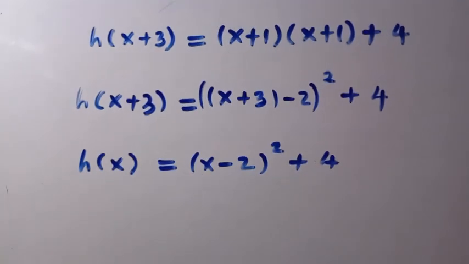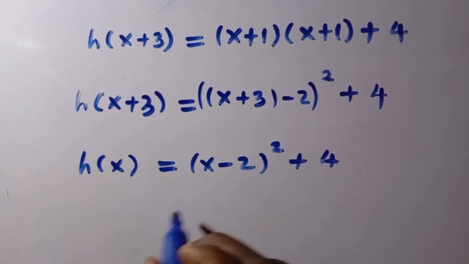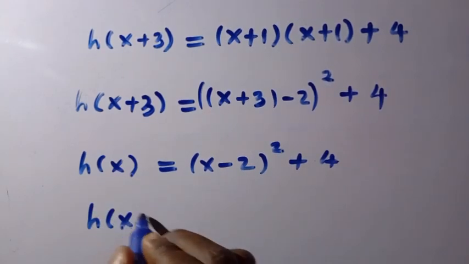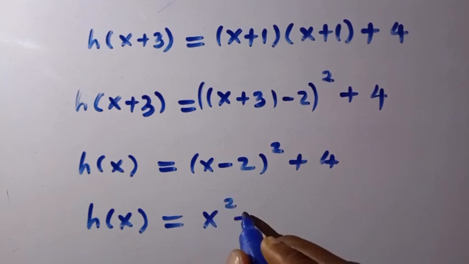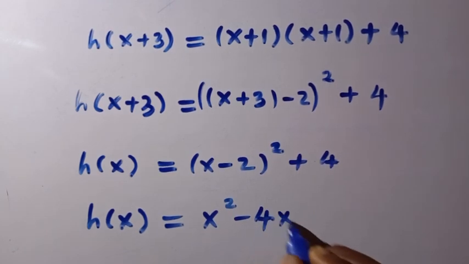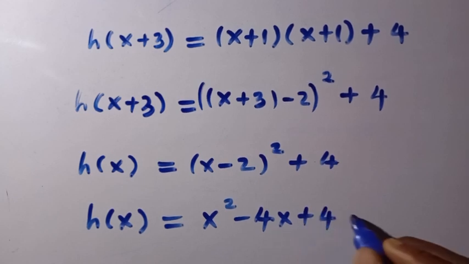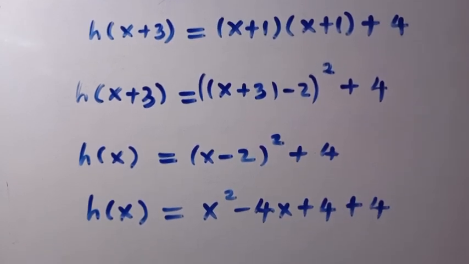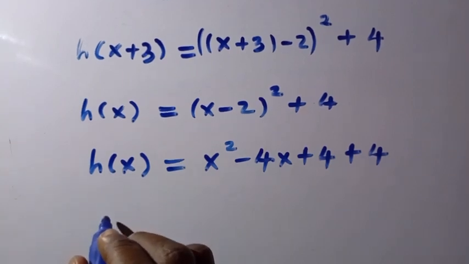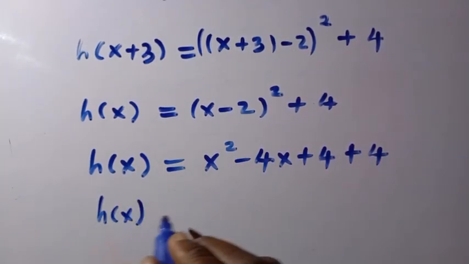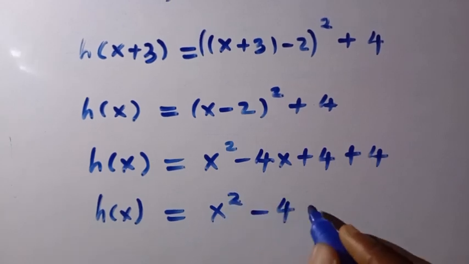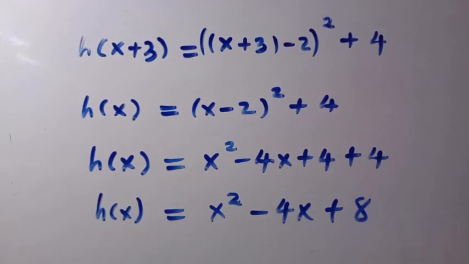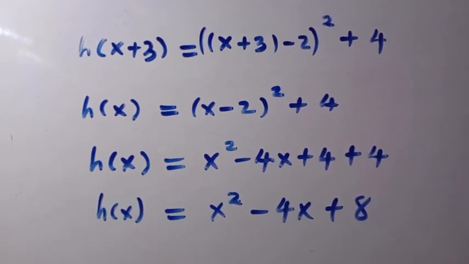Then we expand this, and h of x equals x squared minus 4x plus 4, and here is also plus 4. Therefore h of x equals x squared minus 4x plus 8. This is the formula of h of x for this functional equation.